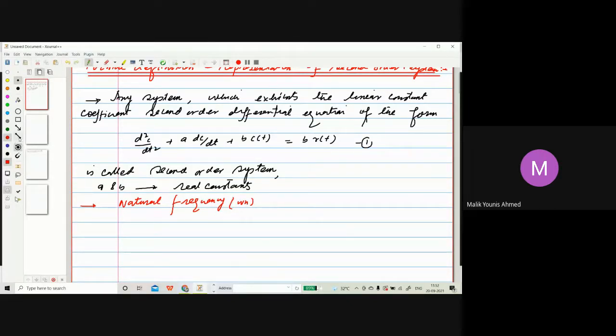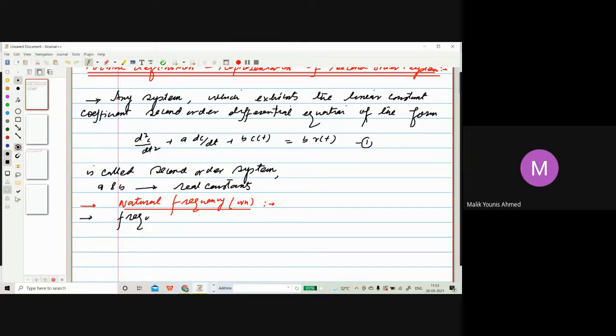The natural frequency of a second order system is the frequency of oscillations of the system without damping.